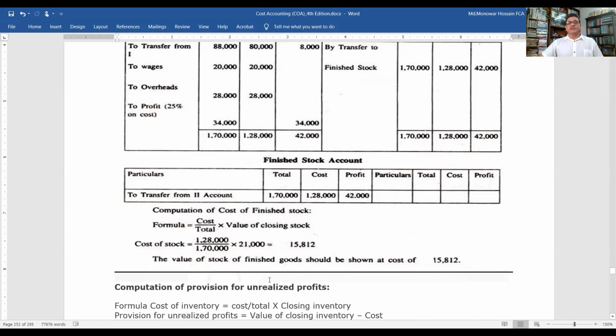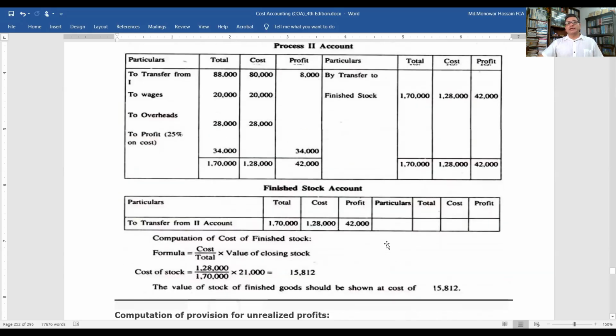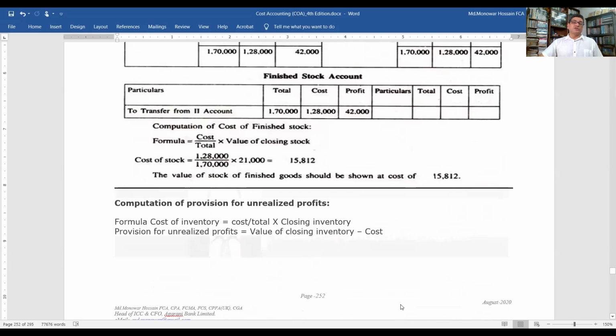The value of the stock of finished goods should be shown at the cost of 15,812. Now we compute the provision for unrealized profit: the formula is cost of inventory, cost divided by total cost, multiplied by closing inventory. So the provision for unrealized profit is the value of the closing inventory minus cost.